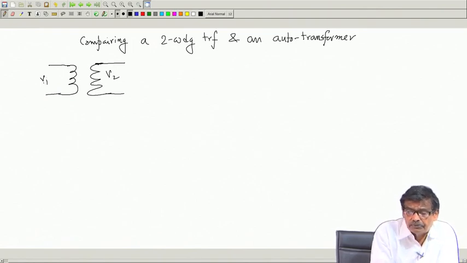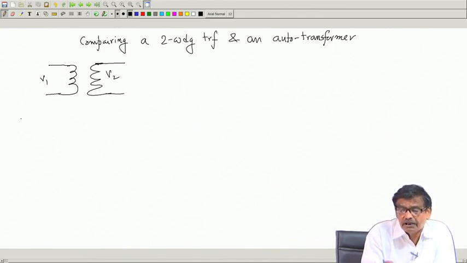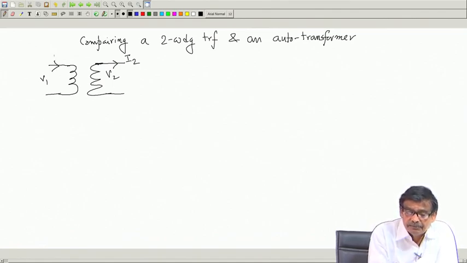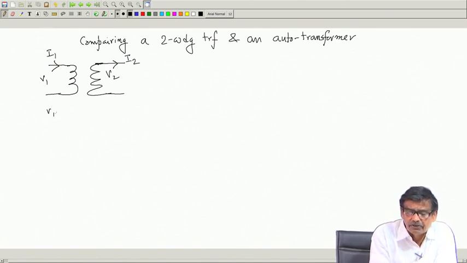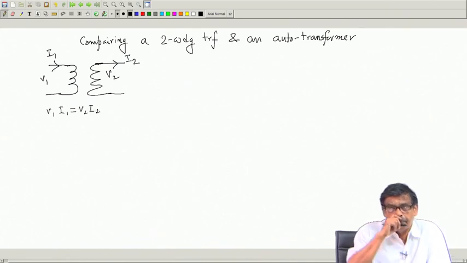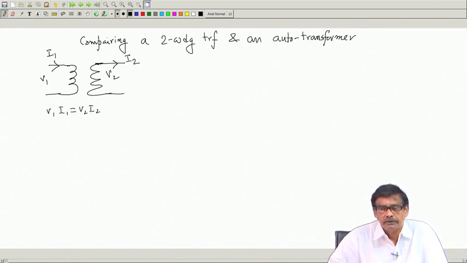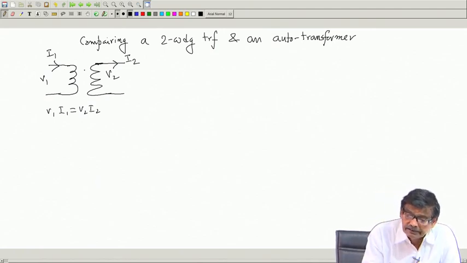So, I want to transform an available voltage V 1 to a level V 2, and I must see that the current delivered to the load is I 2, that is kVA rating I must also specify. So, V 1 I 1 equal to V 2 I 2, that is what I want to do, got the point, and this is your two winding transformer.